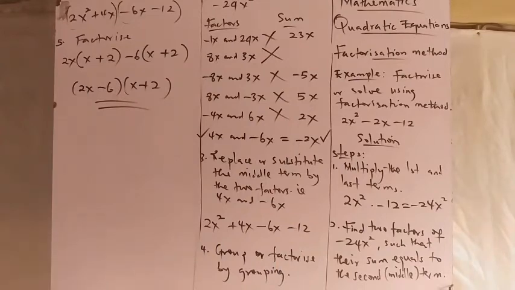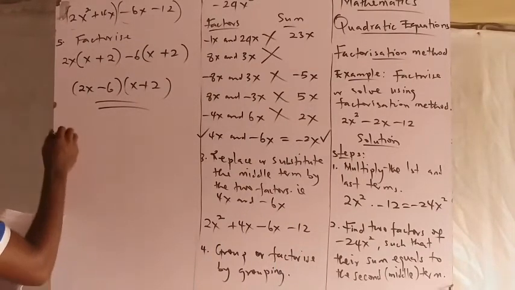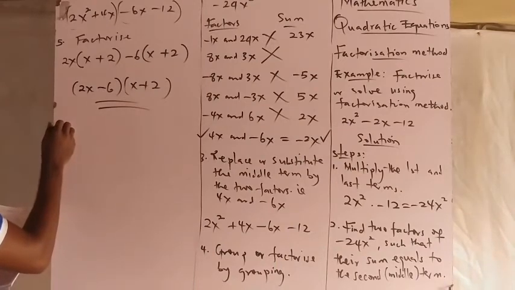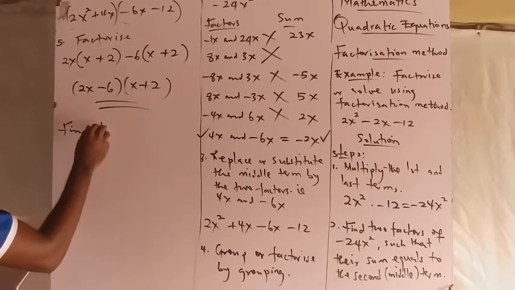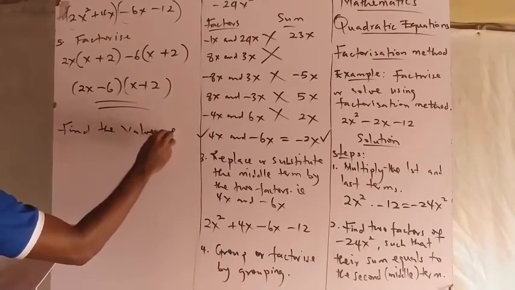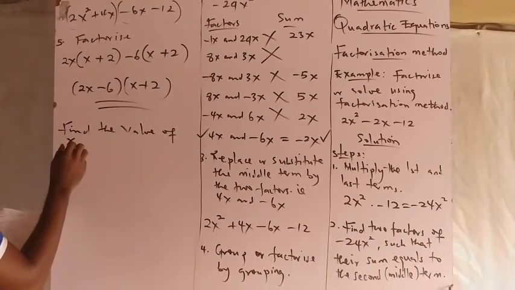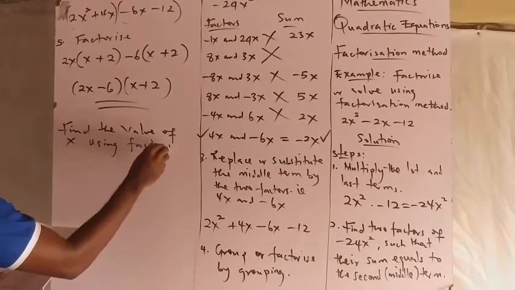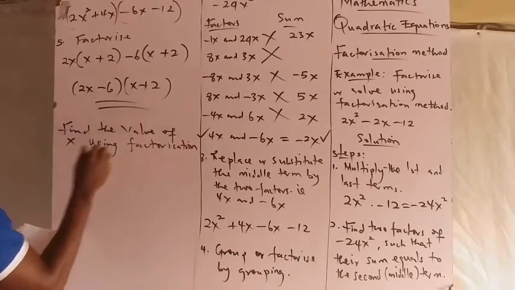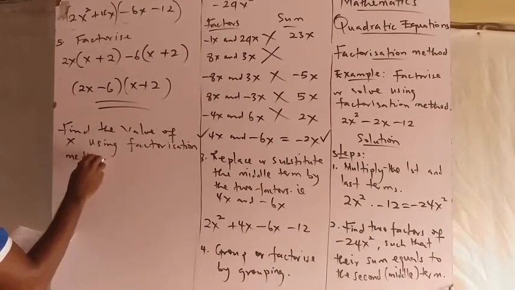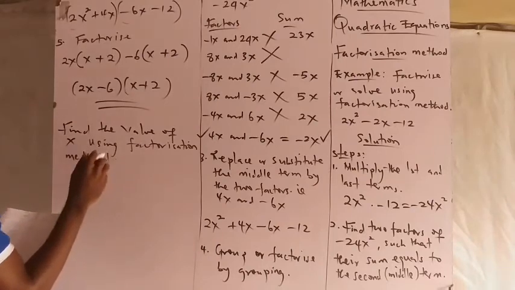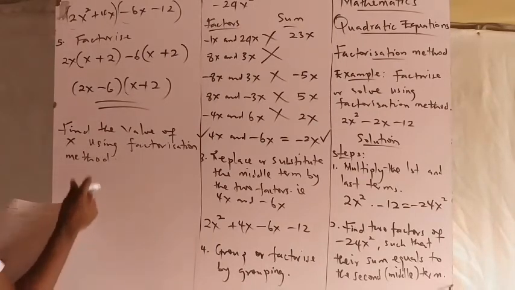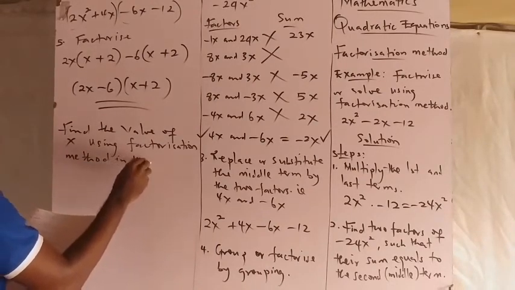You do this yourself. In our next class, I will try to solve more other problems. But do this: find the value of x using factorization method in the equation below.